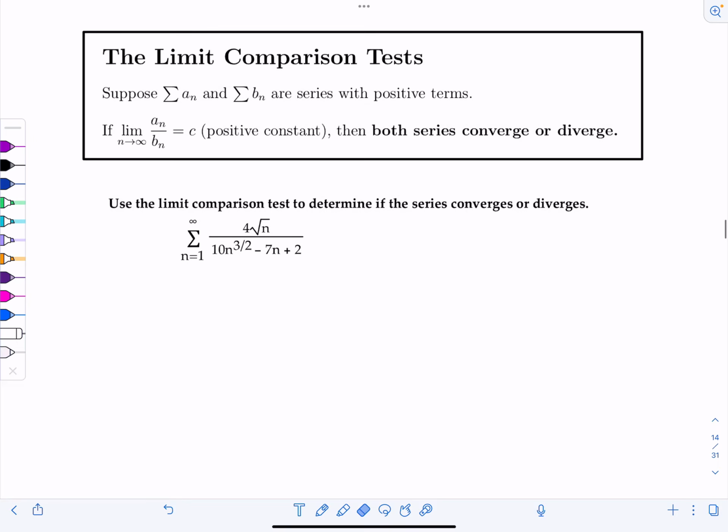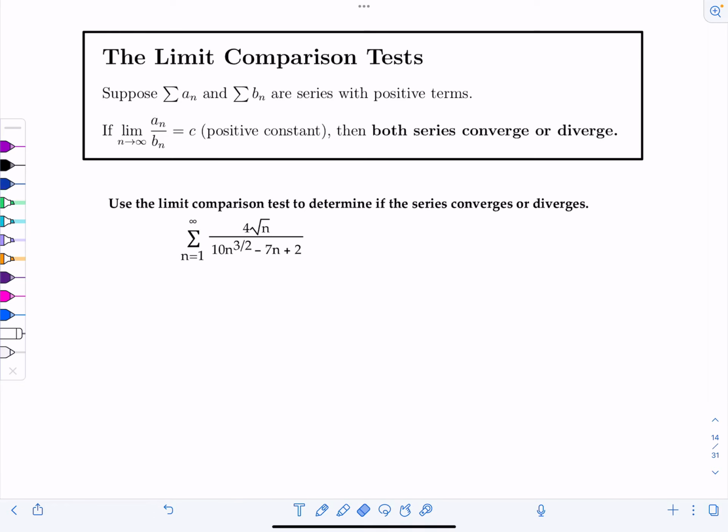So suppose the sum of an and the sum of bn are series, and they have positive terms. If the limit as n goes to infinity of an over bn equals c, which is a positive constant, then both series converge or both series diverge. So the cool thing is you don't have to show an inequality.